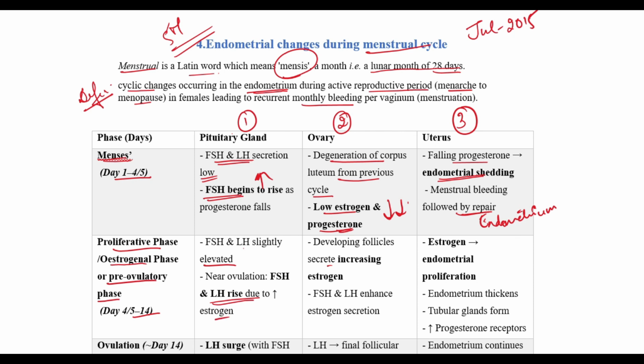Now the estrogen is increased because of the developing follicles. In the uterus, the endometrial proliferation occurs. That means the endometrium starts to thicken. Now here the endometrium was shed. So here it starts to thicken. It's about 2 mm. Then we have the tubal glands start to develop, and the progesterone receptors increase because of the developing follicles.